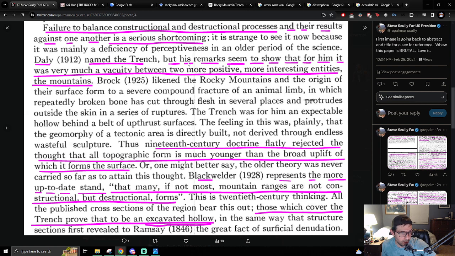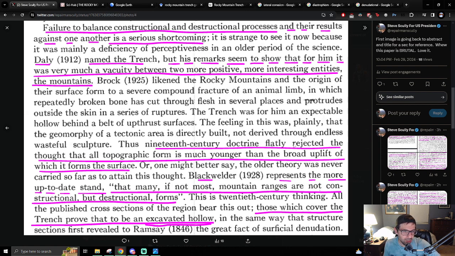Daly named the trench, but his remarks seem to show that for him it was very much a vacuity between two more positive, more interesting entities, the mountains. That's just how it is. This trench is certainly not considered as interesting as other things, but it really is interesting.